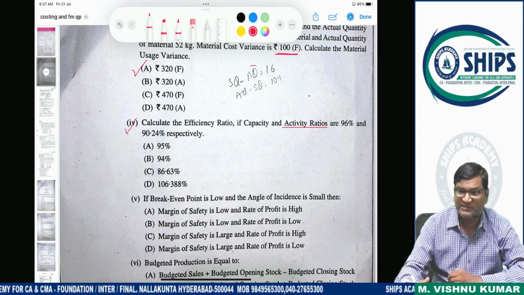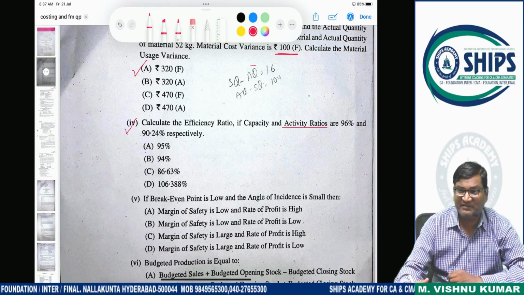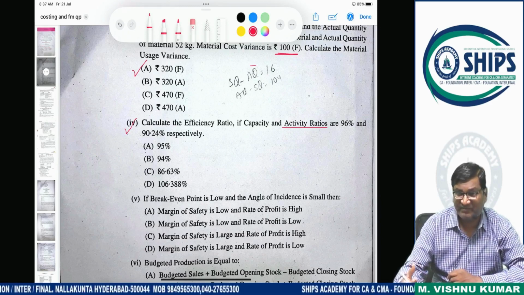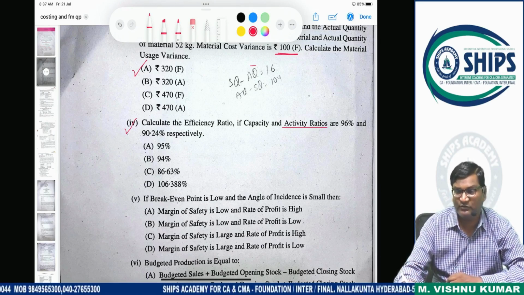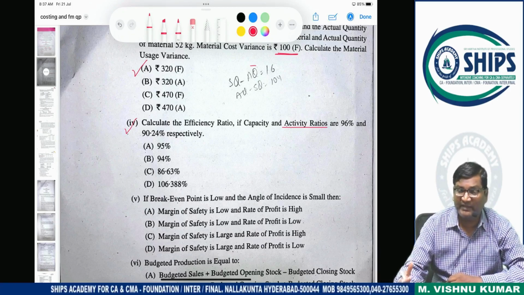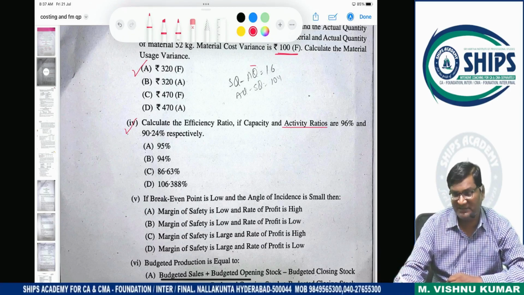If management wants to understand the performance of these variances through ratios, that is called control ratios. That is nothing but analyzing the variances through ratios. So activity ratio is nothing but volume variance.